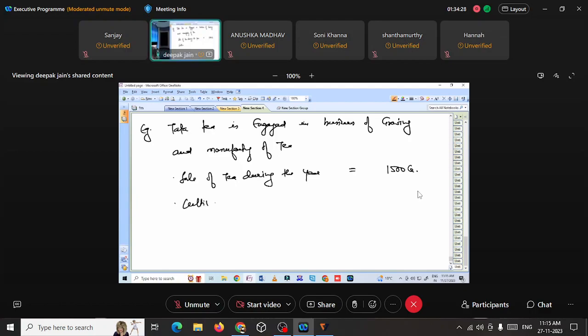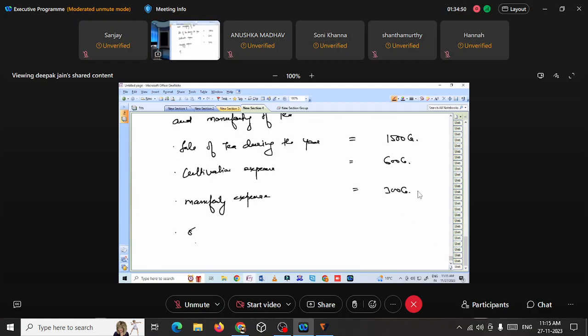Cultivation expense, let us say 600 crore. Manufacturing expense, let us say 300 crore. Office and admin expense, let us say 180 crore.